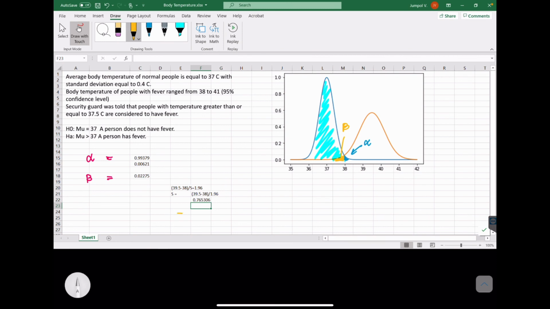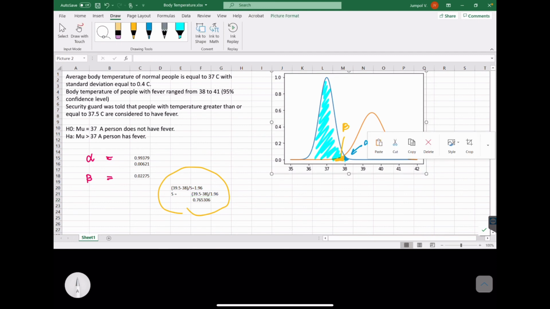This is the proof that S is around 0.75. We know that 39.5 here minus 38 is around 1.96, right?